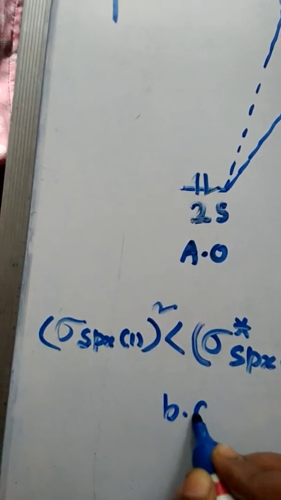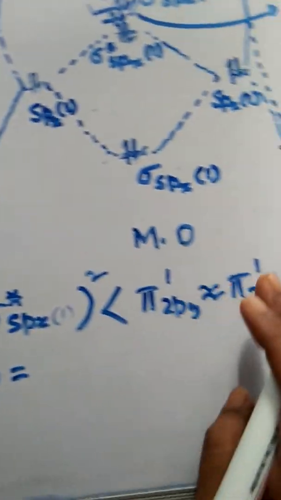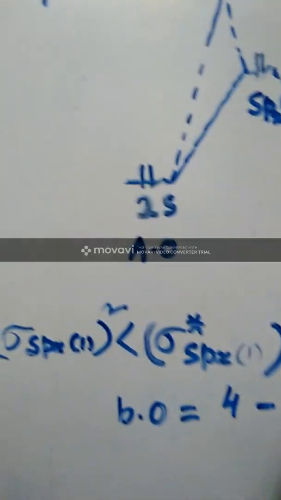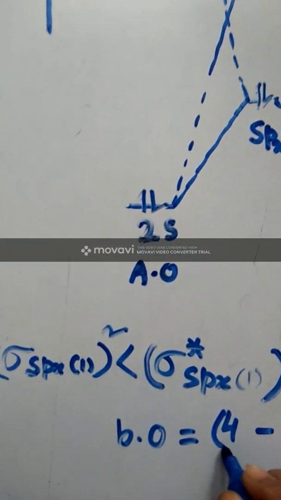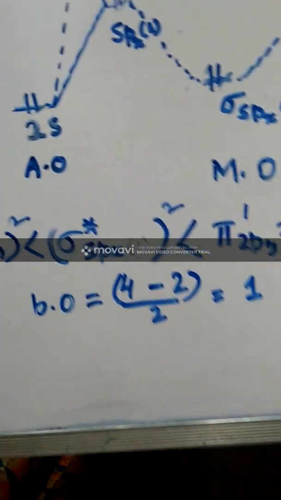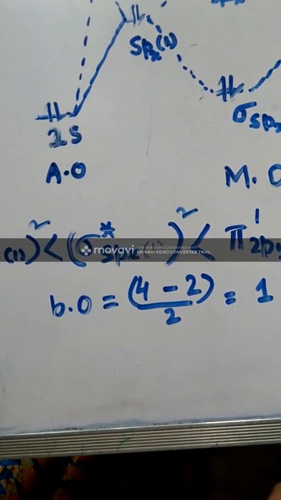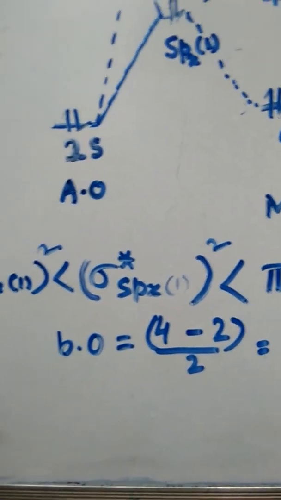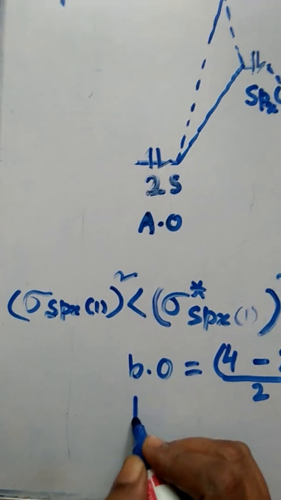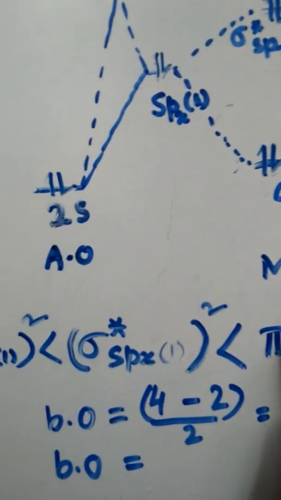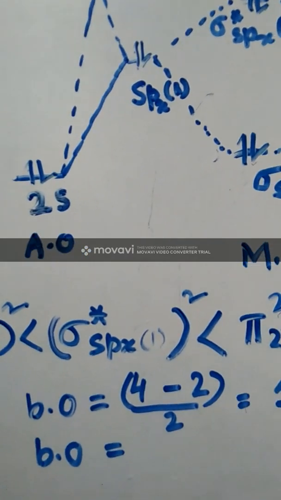Bond order is equal to the number of bonding electrons, 2 plus 2 plus 2, that is 4, minus 2 in antibonding orbitals, divided by 2, is equal to 1. So the bond order for boron is 1.